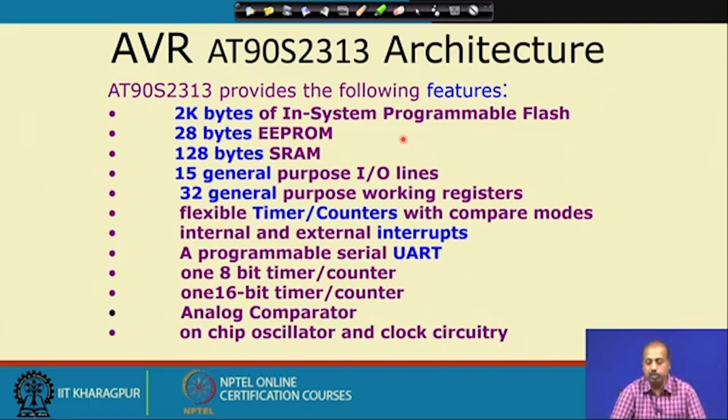We have timer counters with flexible compare modes, so we can compare the value of these timers and counters with some preset values. Then internal and external interrupts are there, and a programmable serial universal asynchronous receiver transmitter, the UART.